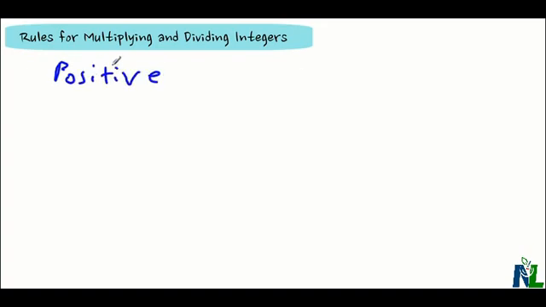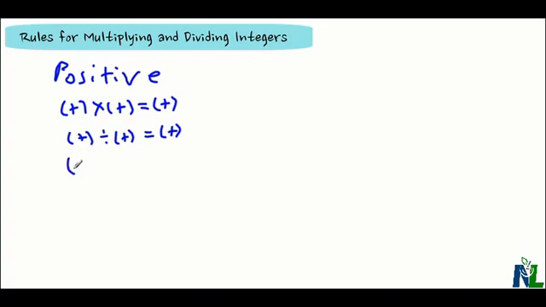Okay, so we get positive numbers whenever we multiply two positives together. You saw we got a positive answer. Same thing when we divided two positives. We got a positive answer. When else did we get positives? Well, we got them when we multiplied two negatives together, if you recall.